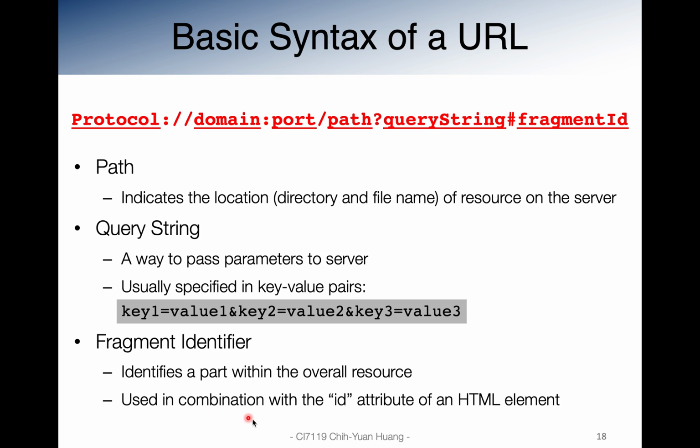So it's used in combination with the ID attribute of an HTML element. So you can specify the ID attribute on the HTML element and use a hyperlink with the hash symbol and the fragment ID. After you click on that hyperlink, your web page will automatically scroll to the section of that HTML element. So that's the basic syntax of the URL.